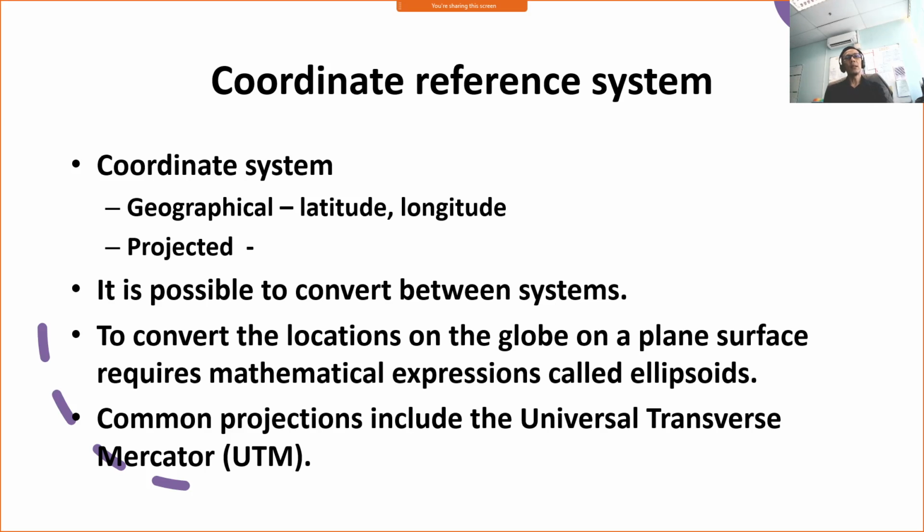So there are a number of ways to project the map. One of the common projections includes the Universal Transverse Mercator, UTM, bukan University Technology Malaysia. Universal Transverse Mercator requires mathematical expressions called ellipsoids.